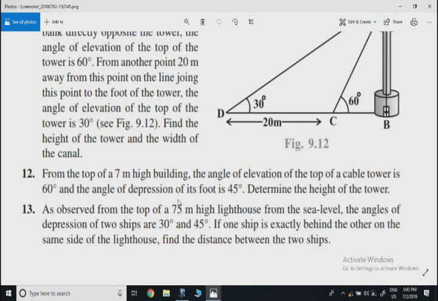Oh, CC4, you have found the exact answer. Let me check. No, no, no. That is not the correct answer, CC4.